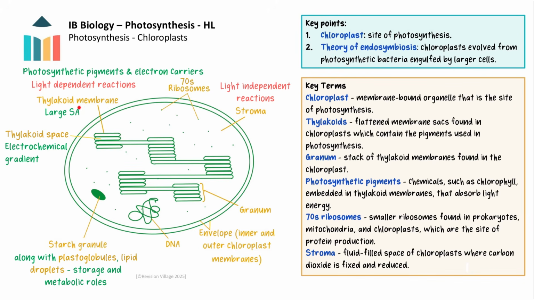The thylakoid membrane also contains the electron carriers for the electron transport chain, the details of which we will be going over later. The stroma contains the enzymes necessary for the light-independent reaction. The thylakoid membranes are surrounded by the stroma, so the products of the light-dependent and independent stages have only a short diffusion distance to move between the two.